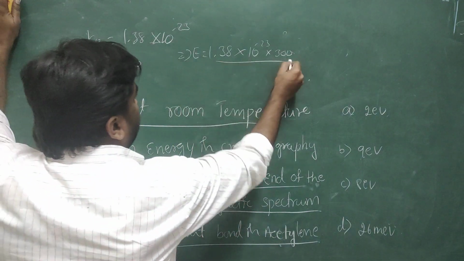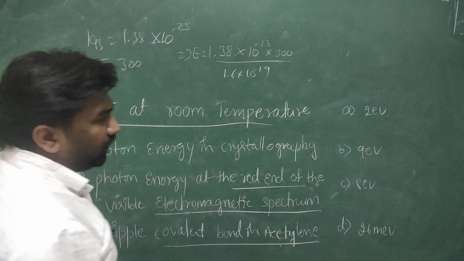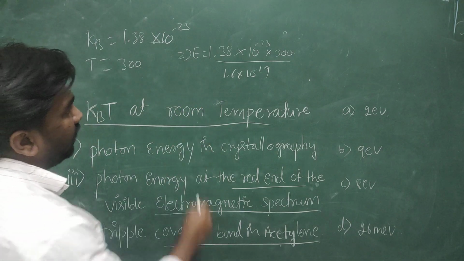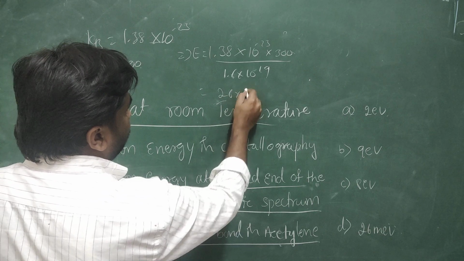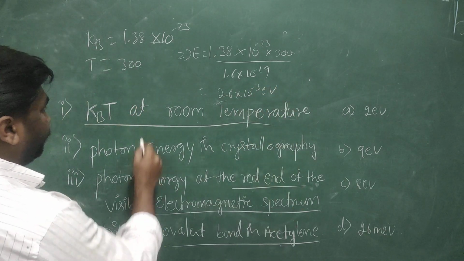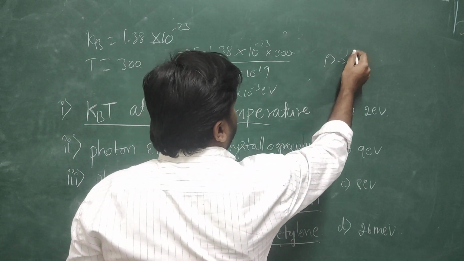So we should divide by 1.6 into 10 to the power of minus 19. After solving this, we will get approximately 26 into 10 to the power of minus 3 electron volt. So 1 belongs to D.